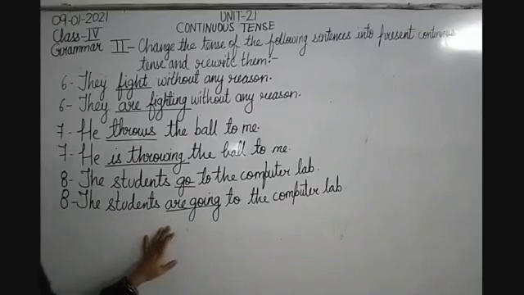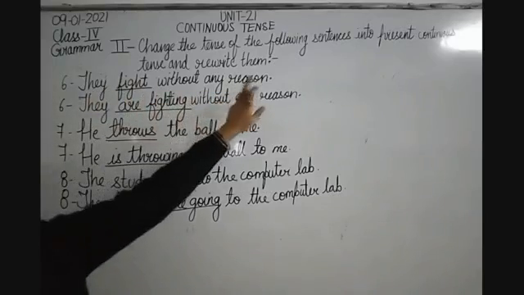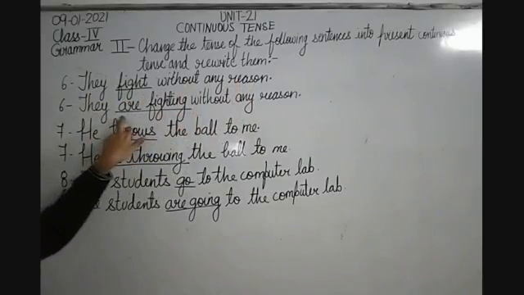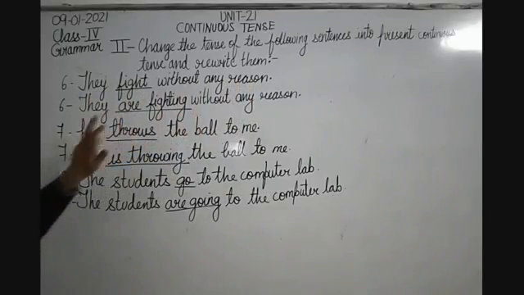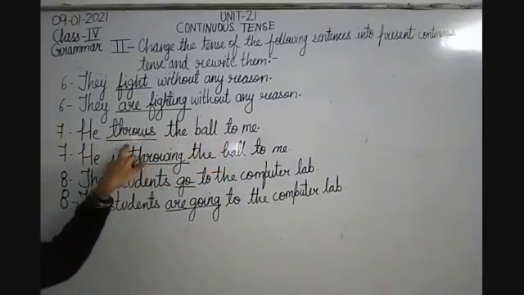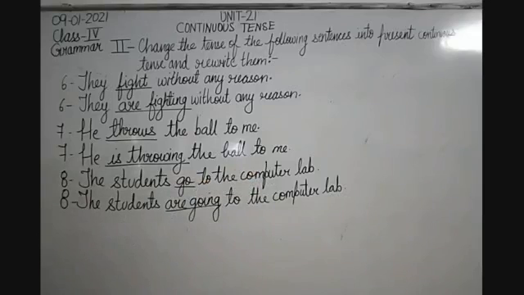Fine. Now I'll revise, children, and I'm sure all of you must have written. The 6th one, they fight without any reason. They are fighting without any reason. This is in the present continuous tense. The 7th one, he throws the ball to me. It is in the present tense; when changed to present continuous tense, it becomes: He is throwing the ball to me.